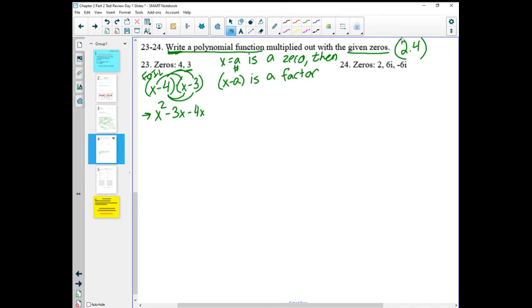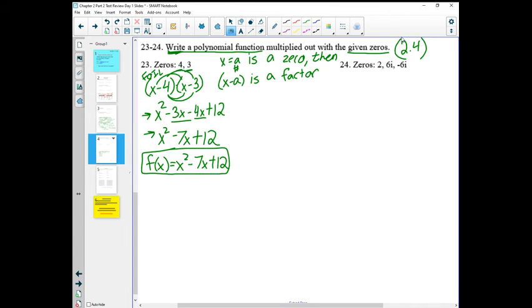And negative 4 times negative 3 is positive 12. Now we can combine like terms. Negative 3x minus 4x is negative 7x. That is our polynomial, so I'm going to give it a name, f of x equals x squared minus 7x plus 12.